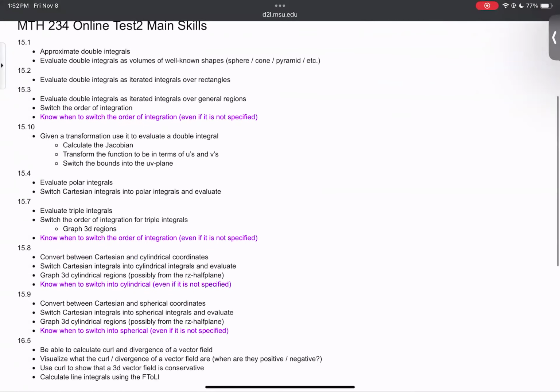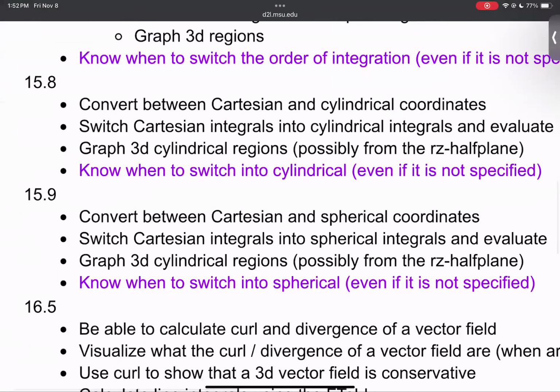You should read each one of these. In particular, for today's class, what you should be trying to get out of it is that you should be able to convert from Cartesian to spherical. Certainly do examples of that. Beyond this, you should be able to convert the full integrals, the bounds and the integrand, into spherical. We should be able to graph these things, and we'll get some practice again in the RZ half plane, just as we did in the pre-class video.